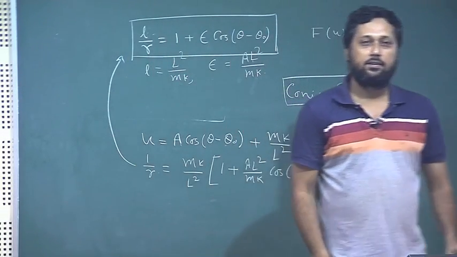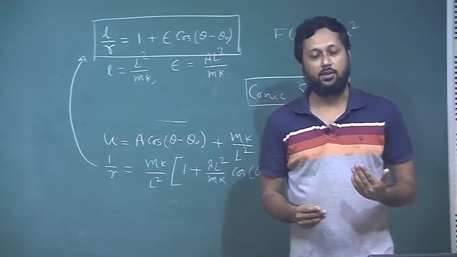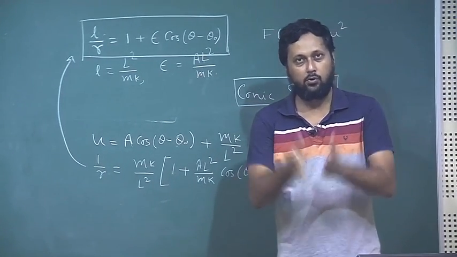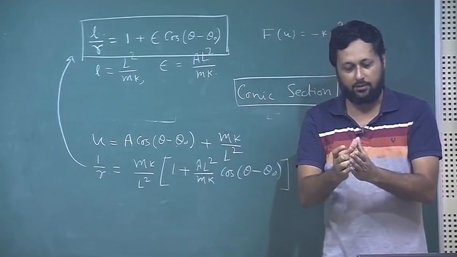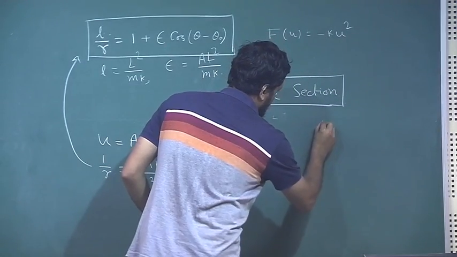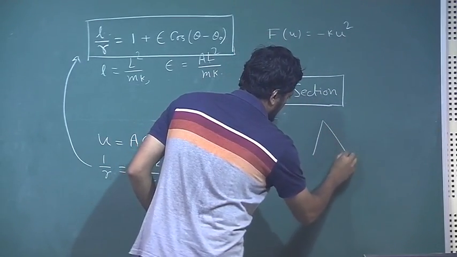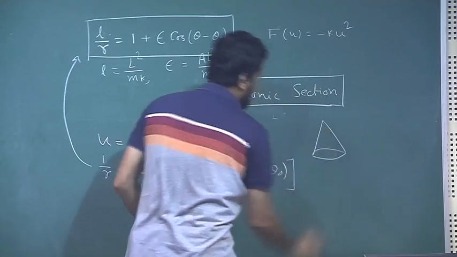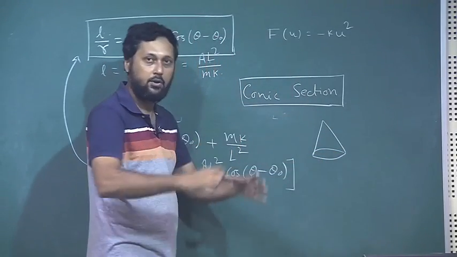Conic section is essentially, the definition of a conic section is, we all know cones, right. So, these are 3D structures which look something like this. So, this is called a cone, a solid object.